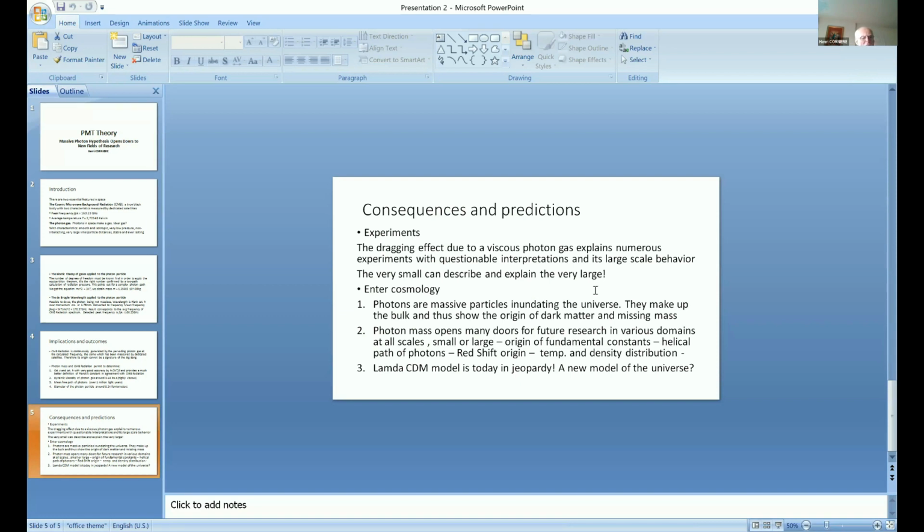This theory of massive photons has the capability to orient research in the right direction, where potential discoveries can be made in very diverse domains. We now know where to orient research. So finally, it is the right time to consider a new model of the universe. Thank you for your attention.